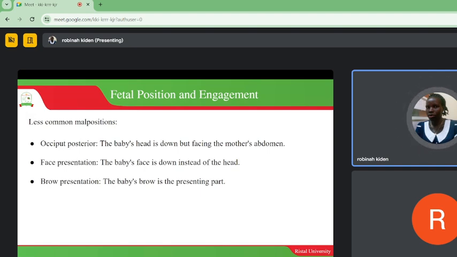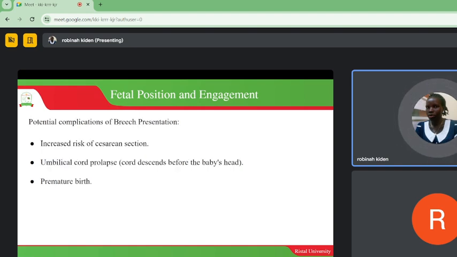So instead of the vertex of the fetal head being down, it is the face that is facing down. Then brow presentation, where the baby's brow is the presenting part. Instead of feeling for the posterior fontanelle, you will be feeling for the orbital ridges and the anterior fontanelle. So that is a brow presentation.